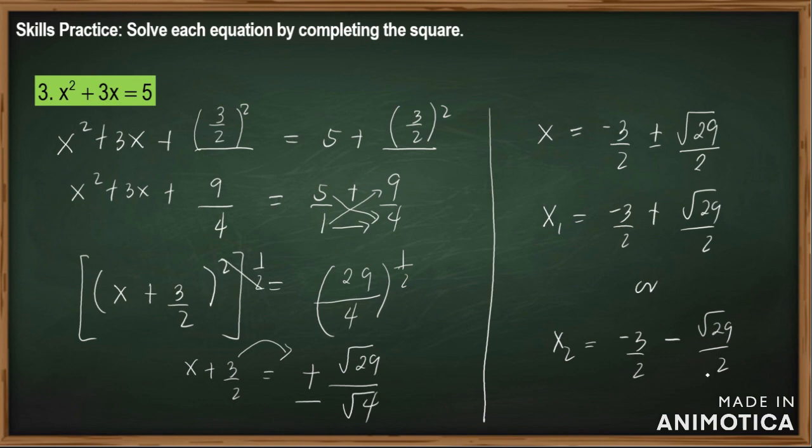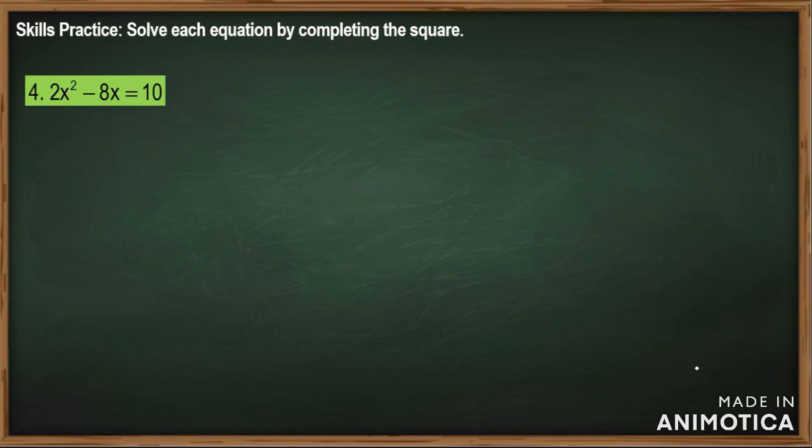Okay? So for item number 4, again, pause this video for a while and then play it again when done. Okay, let's check. So notice that the leading coefficient of x squared is not 1. So we're going to make a way that the leading coefficient will be 1. Okay, and notice that this equation is already in the form ax squared plus bx equals c.